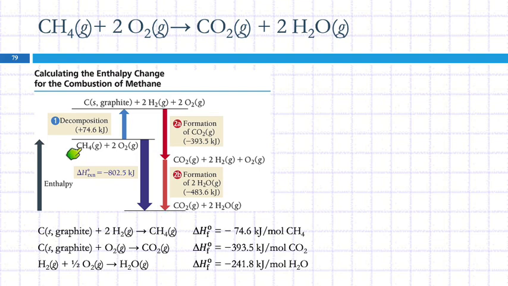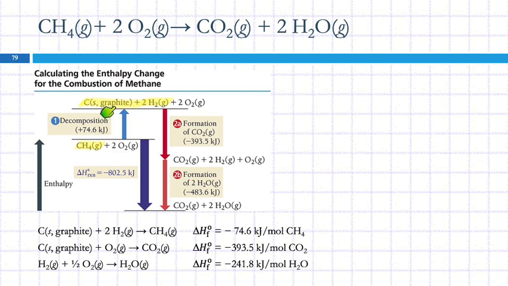So what we're doing is we're imagining that we take this methane and we break it into its elements. So if I take methane, that would be these guys, right? Do we need to do anything to oxygen to get it into its standard state? No, because it's already in its standard state, right?